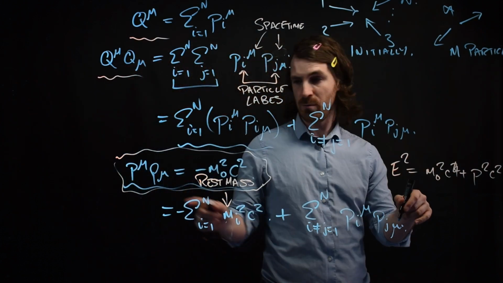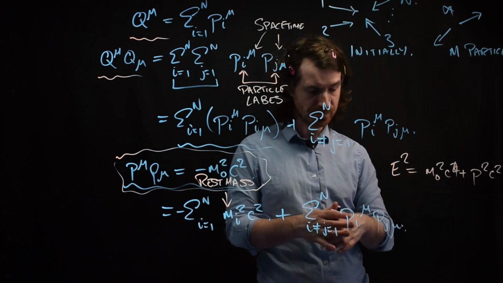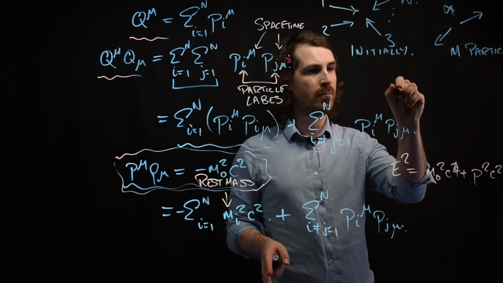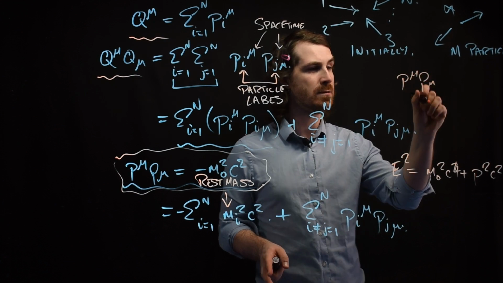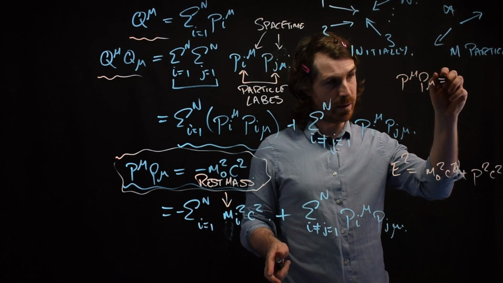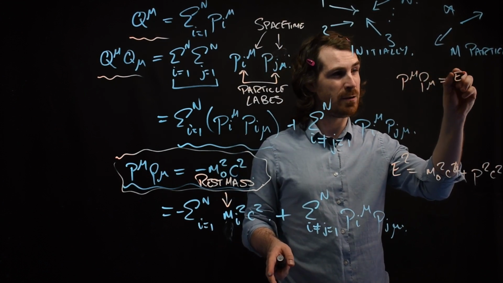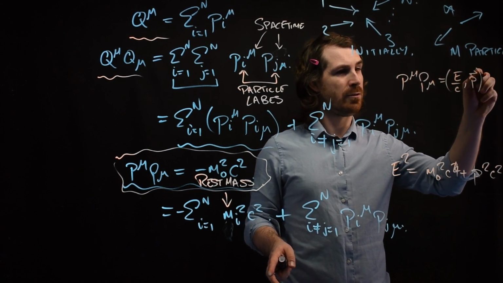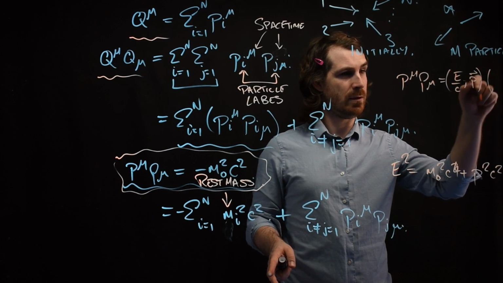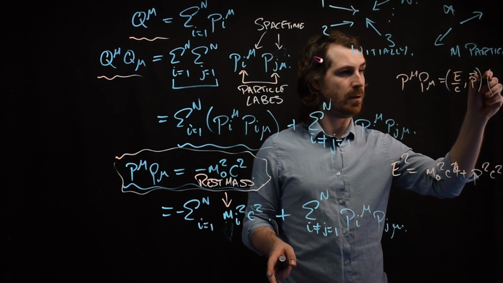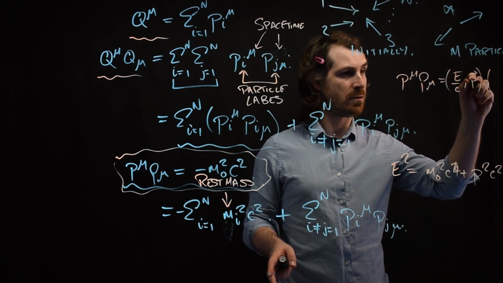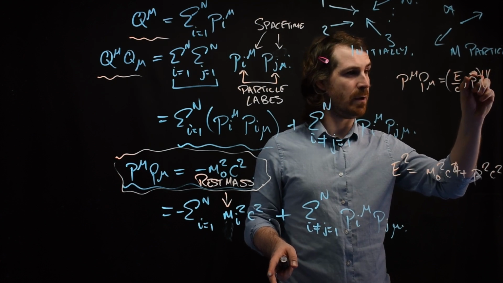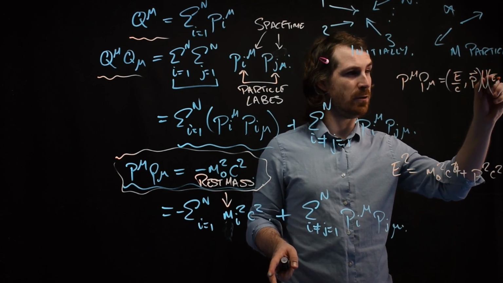So p mu times p mu. P mu is the product of E over c, p with itself. So I have a metric in here, minus 1, 1, 1, 1, and then an E over c, p.